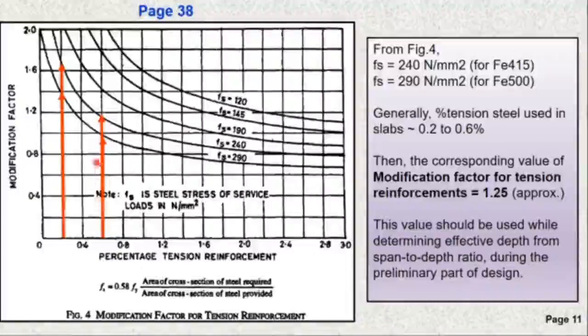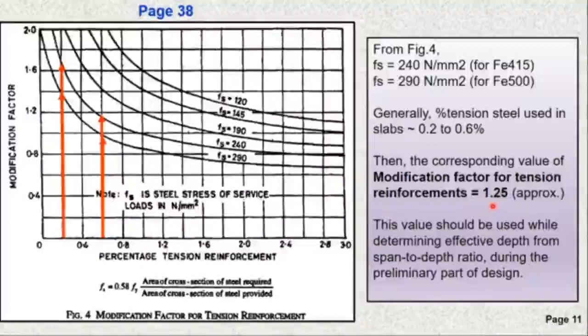And corresponding values of modification factors you can get for Fe415 and Fe500 grade steel from the corresponding curves. Approximately, the modification factors vary from about 0.9 to 1.6, and for preliminary design purposes, you can take the modification factor for the tension reinforcement as equal to 1.25.